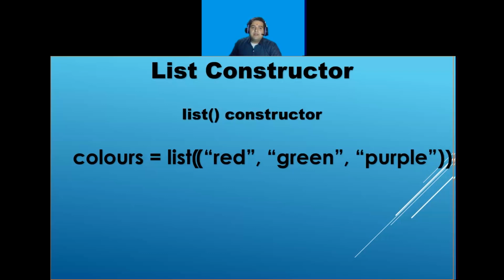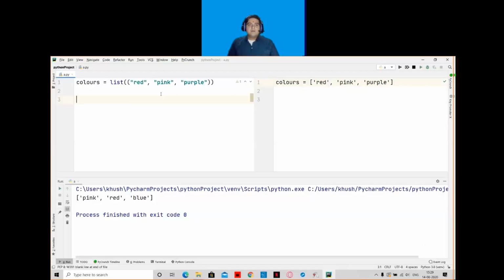So if I write print colors, the output will be in the form of a list. Here inside the list constructor, I have a tuple. So this tuple will get converted to a list.